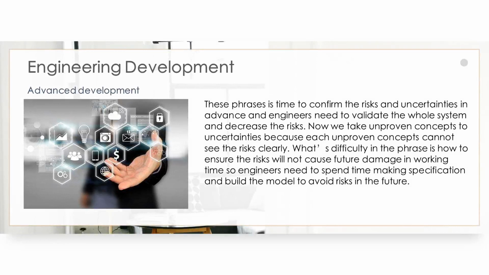Now we take unproven concepts to uncertainties because each unproven concept cannot show the risks clearly. The difficulty in this part is how to ensure the risks will not cause future damage in working time. So the engineers need to spend time making specifications and building the model. The model is really important in all the systems to avoid risks in the future.